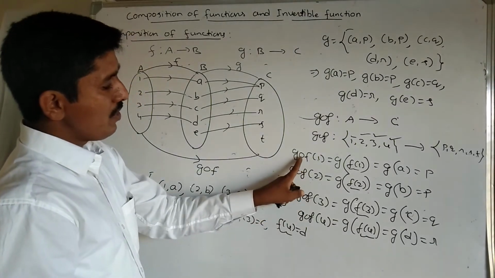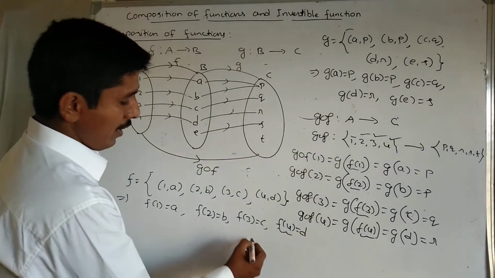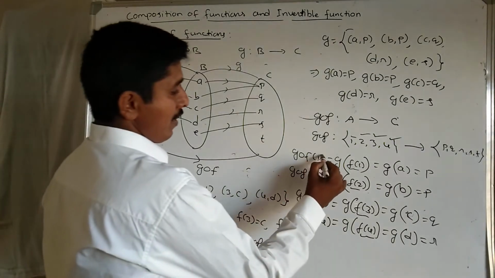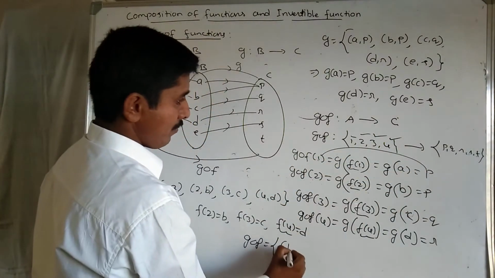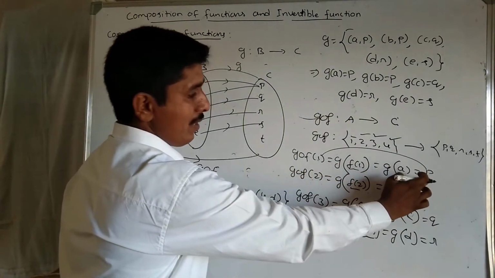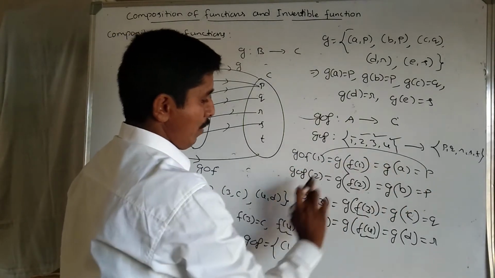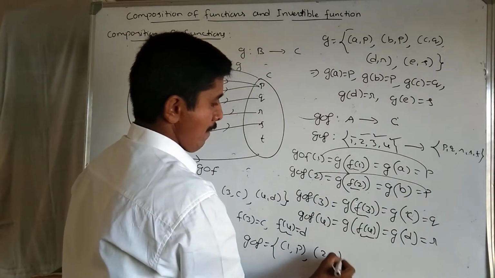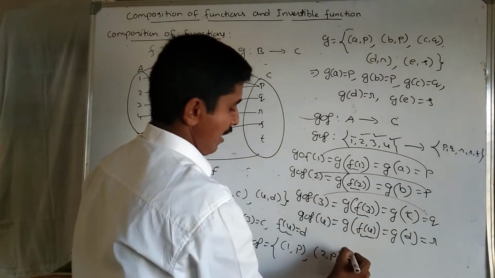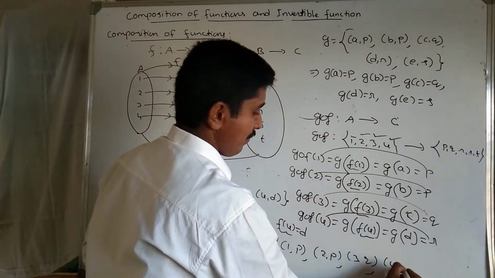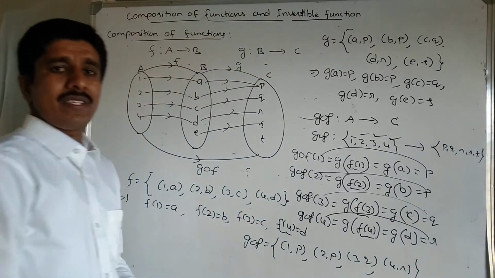So clearly, for domain elements 1, 2, 3, 4, in set form, GOF equals {(1, P), (2, P), (3, Q), (4, R)}, where the first is the domain element and the second is the range element. Got it.